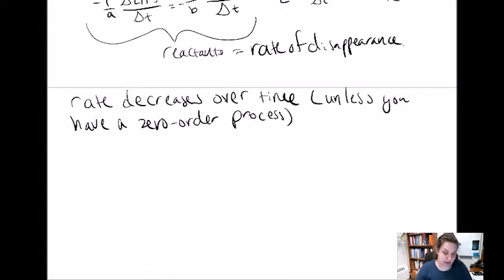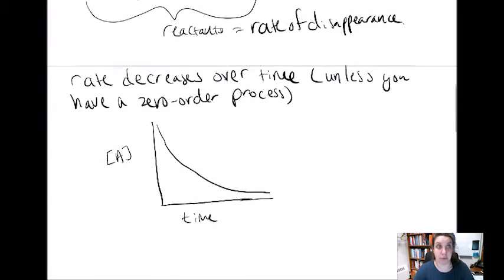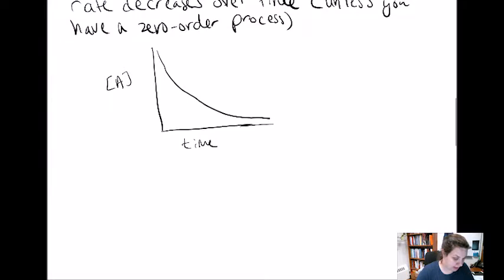If we look at the concentration of any reactant, let's just call it A, over time, initially the rate is going to be very quick because we have a large concentration of A, but over time that rate will decrease and we get a petering out of that decrease. So over time, rate will go down unless you have a zero order process. As such, rate does not stay consistent.